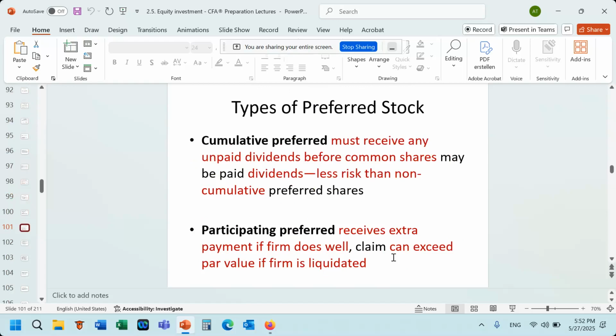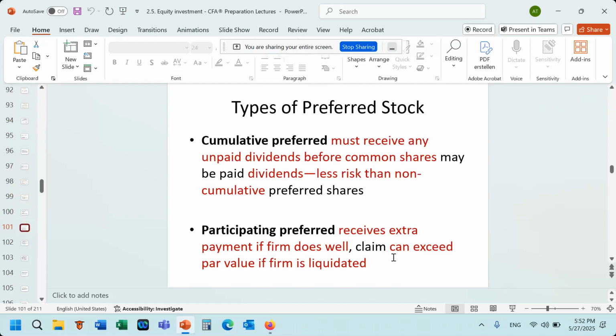And there is another kind of preferred share that is called participating preferred. This one looks a lot more like stocks, and they are often given to venture capitalists and people who invest in companies at their growth stage.